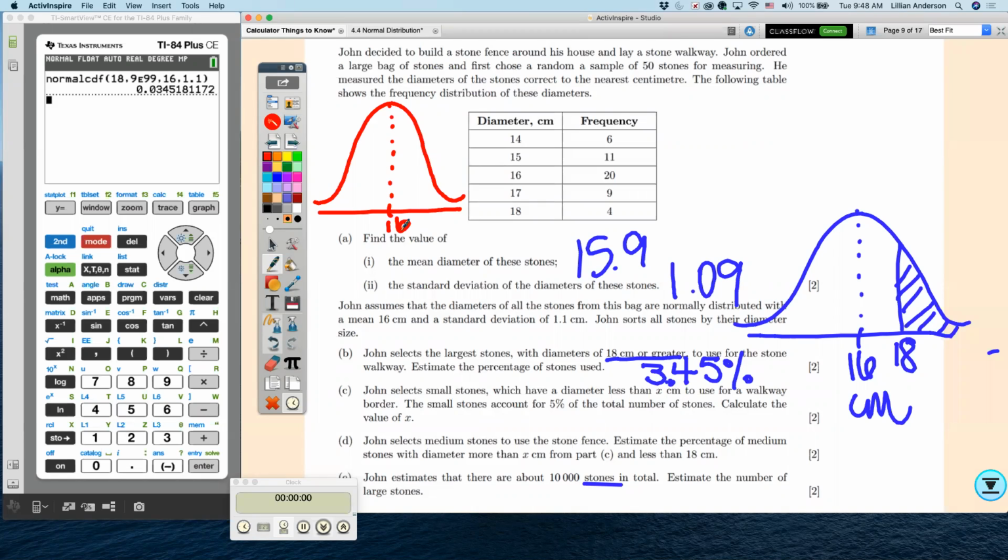He selects small stones that have a diameter of X. In other words, you don't know what it is, but you do know that the small stones account for 5% of the total number of stones. So 5% of the stones are less than X centimeters.